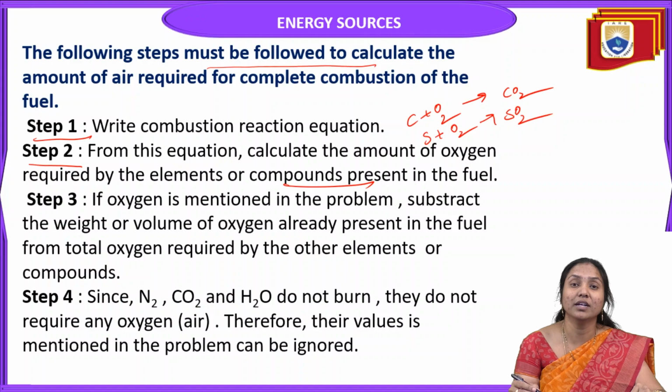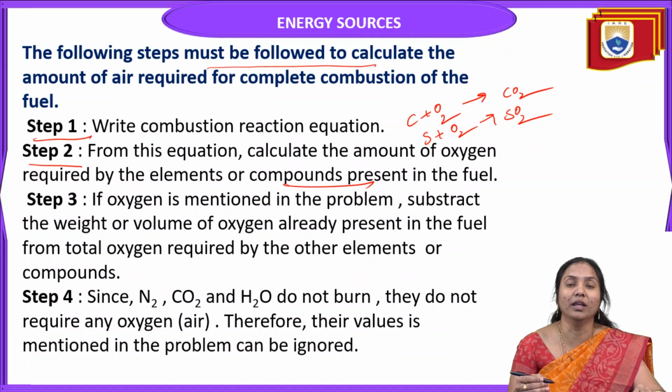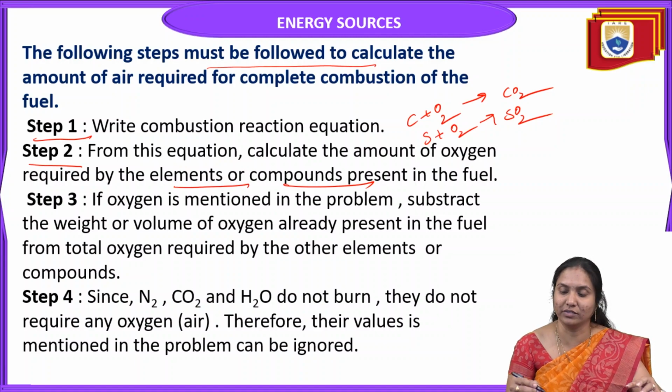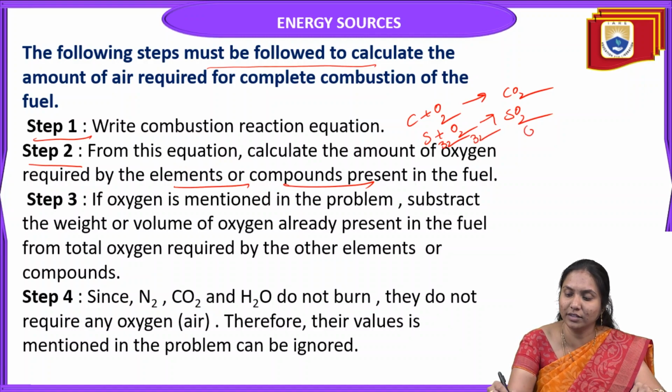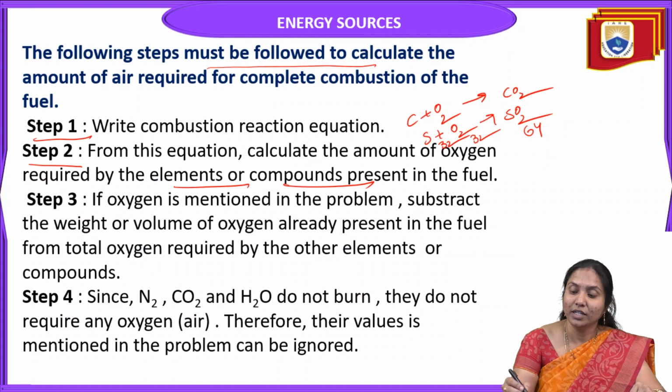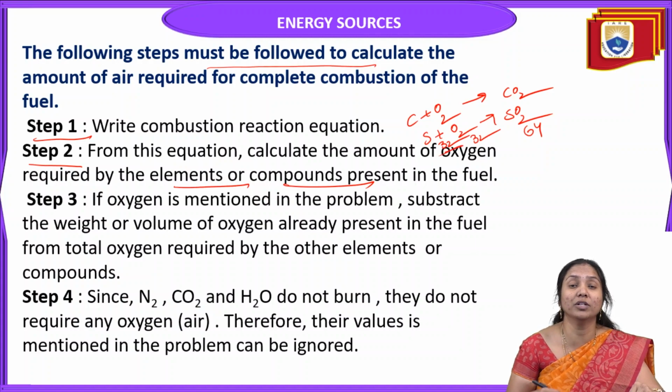For example, sulfur's molecular weight is 32, oxygen is 32 and sulfur dioxide is 64. So for burning 32 kg of sulfur, 32 kg of oxygen is required.